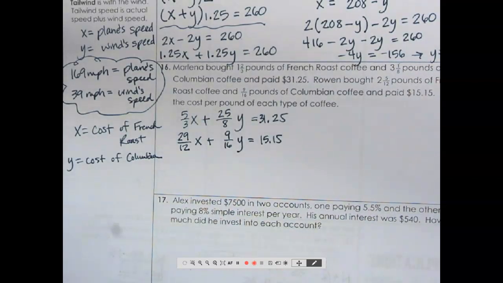All right, this one's messy, isn't it? I do not think I would be a proponent of elimination here. I think I would definitely use substitution. Should we just solve for x up top? I mean, nothing looks easy here, does it?